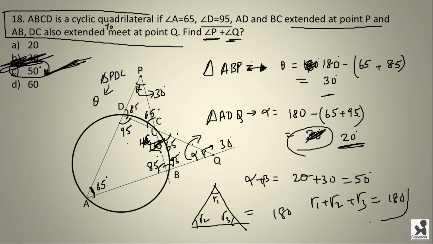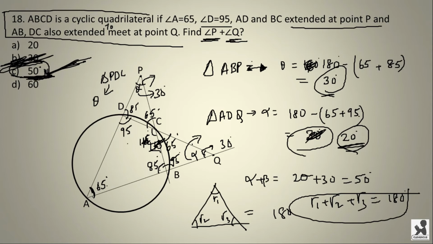We have applied this and solved the values of angle P and angle Q. We got angle P as 30 degrees and angle Q as 20 degrees. We are asked to find angle P plus angle Q, and we have got the answer as 50 degrees. Option C is the right answer.